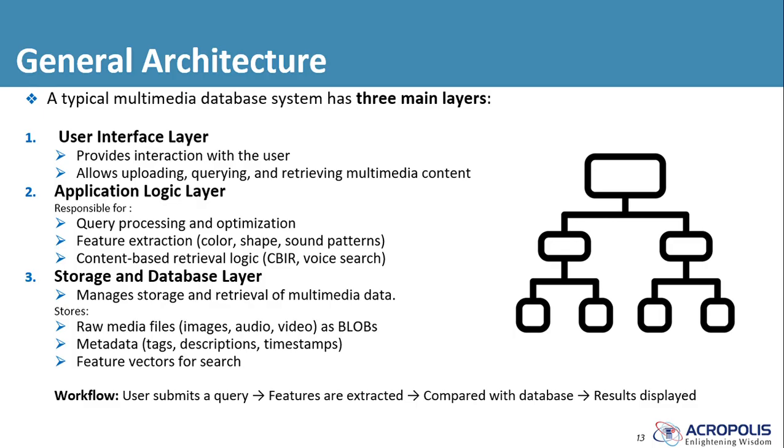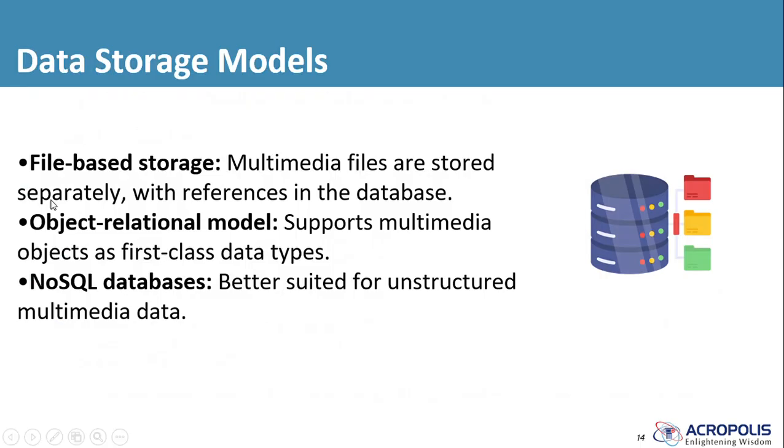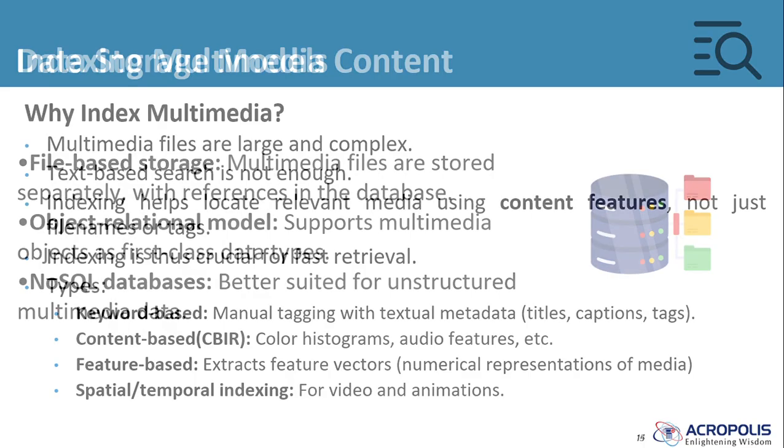Whereas the storage and database layer manages storage and retrieval and stores raw media files, metadata, and feature vectors for search. The workflow of the architecture is: the user submits a query, features are extracted, compared with the database, and then results are displayed. Data storage models are basically of three types: file-based storage, object relational model, and NoSQL database.